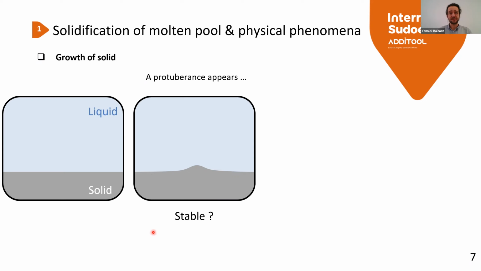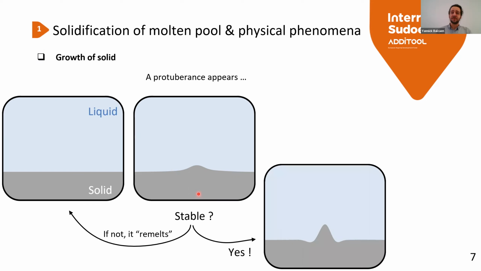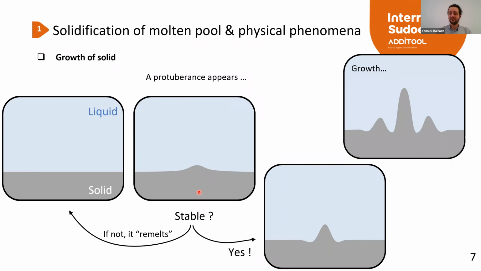We have to question whether this protuberance is stable. If we are in a stable process, it will remelt. But if we have a thermal gradient or disequilibrium between liquid and solid, like in welding and additive manufacturing, we will have a growth of this protuberance, and a solidification that goes through.